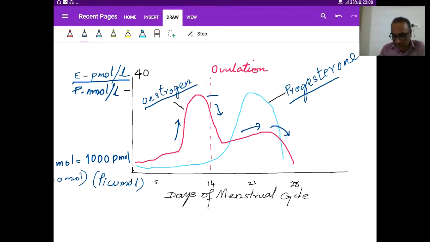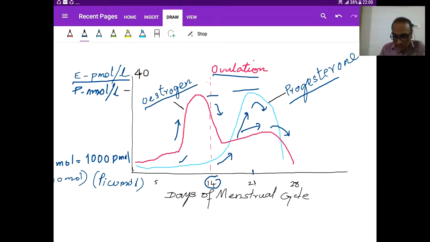But look at the progesterone level. Progesterone levels are very, very minimal in the beginning, all through the menstruation and follicular phase. After the mid-cycle day, after 14, that is after the ovulation, we see that the levels of progesterone increase, reaching the highest peak level. This happens maybe on day 21.